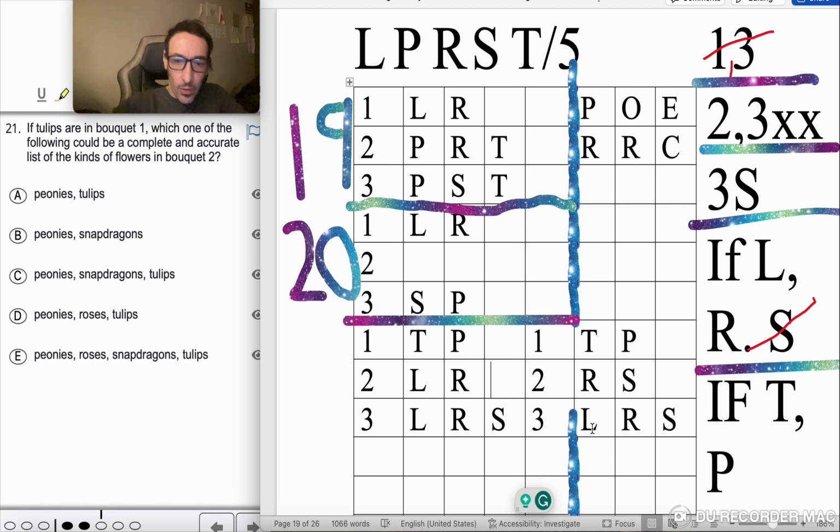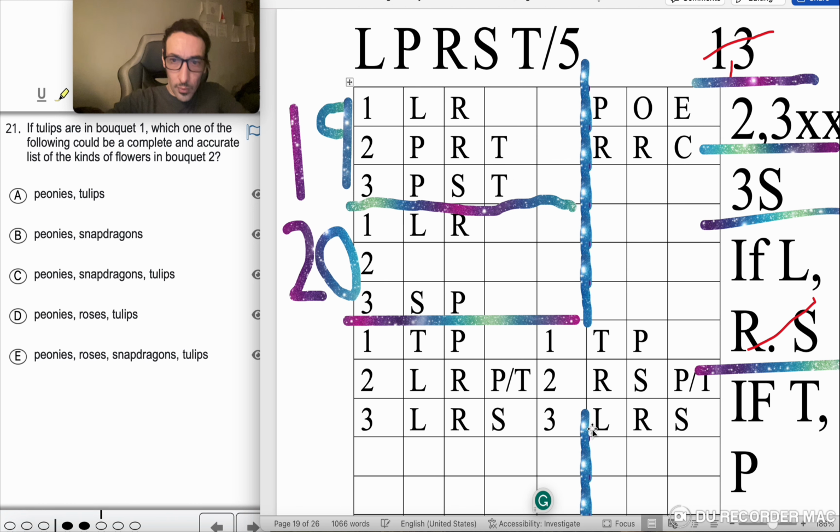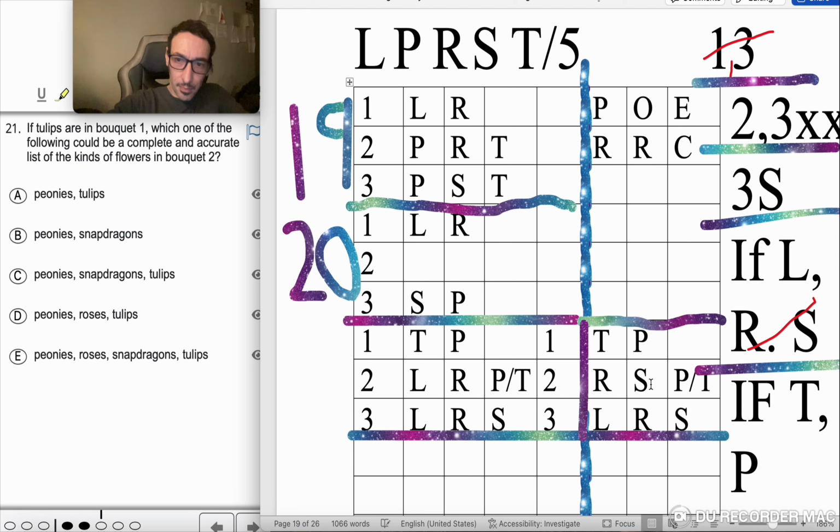We can go ahead and fill in a little bit more variables for the 2 row. And I'm going to be able to put in the letters P, T for the first world, and for the second world, I'm going to go ahead and put the letters P, T as well.